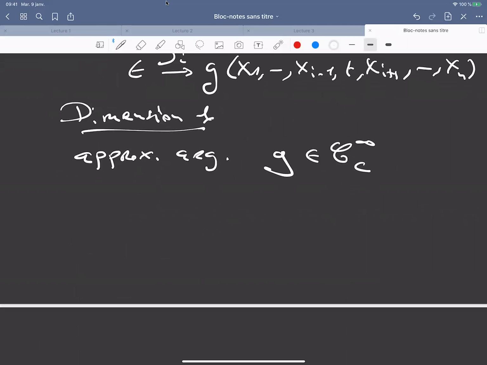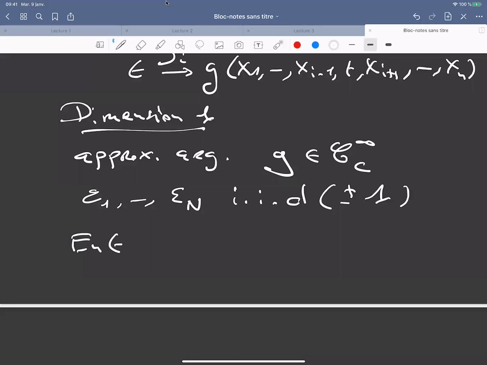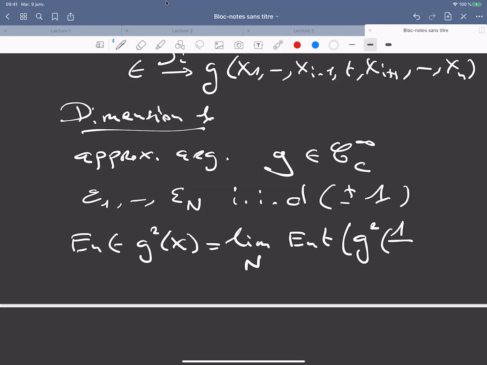That is, you use the central limit theorem. You consider epsilon_1 to epsilon_N, which are independent and identically distributed random signs. And you just say that the entropy of j square is obtained as a limit of the entropy of j square computed at the normalized sum of those signs.